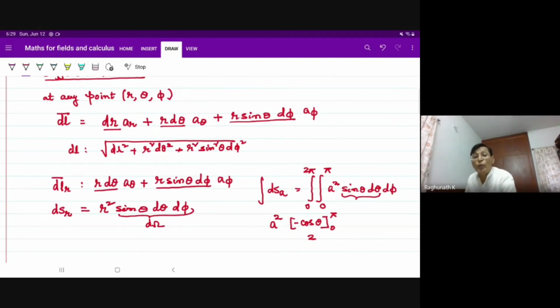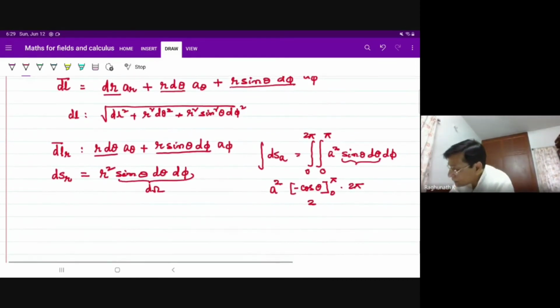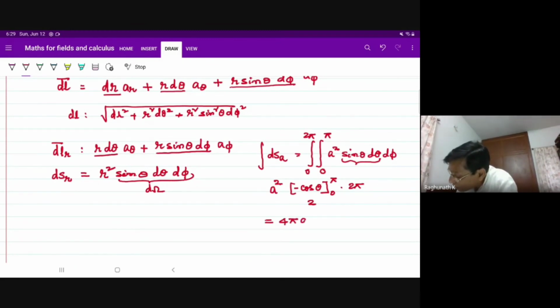Integral 0 to 2 pi d phi is what? 2 pi. Because of which the surface area of a sphere of radius a is 4 pi a squared. dsr, very important: the differential surface in spherical coordinate systems is this only.